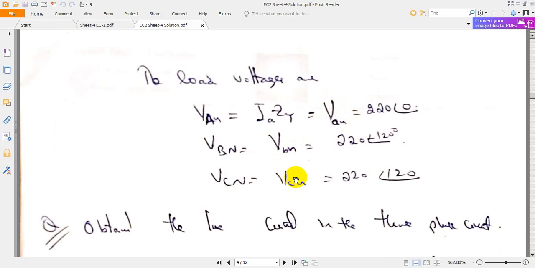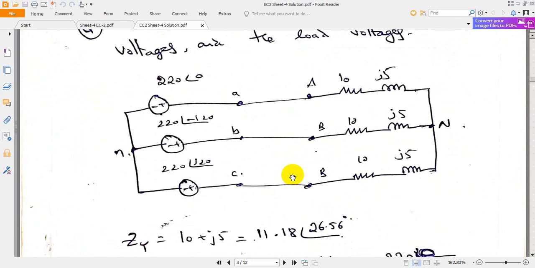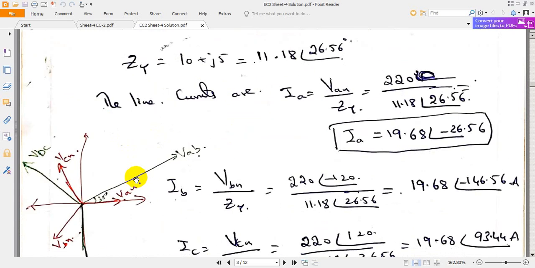Phase value is the voltage between the neutral point and the respective phase. If you want the phase voltage in A, we need to measure the voltage from A to N. Similarly for B phase, from B to N we need to measure the voltage.